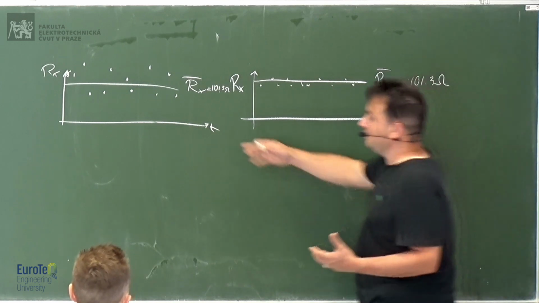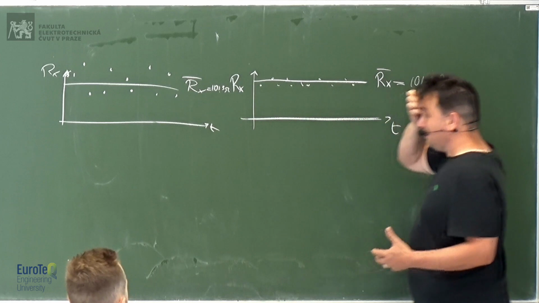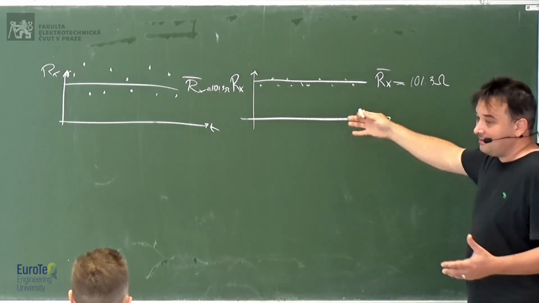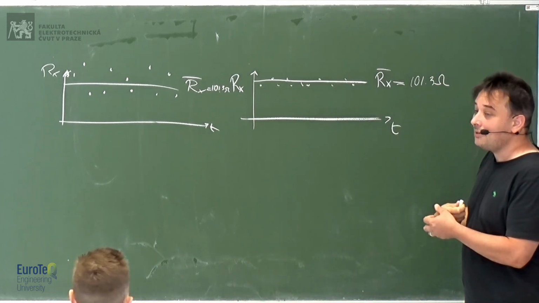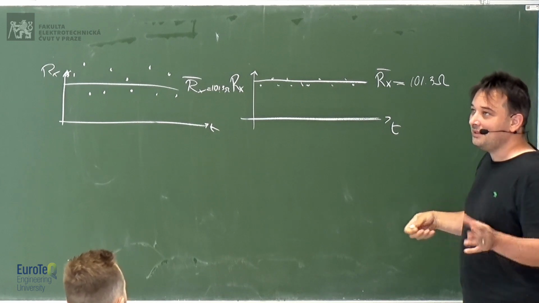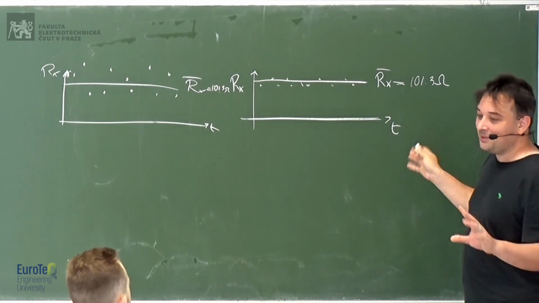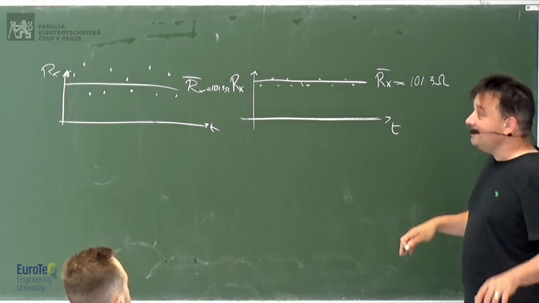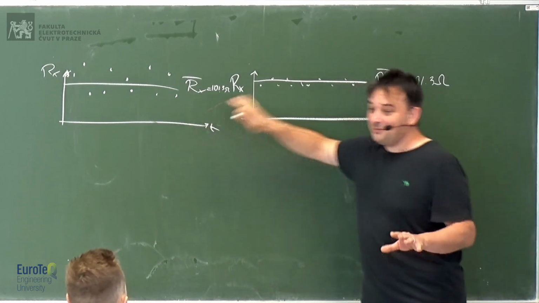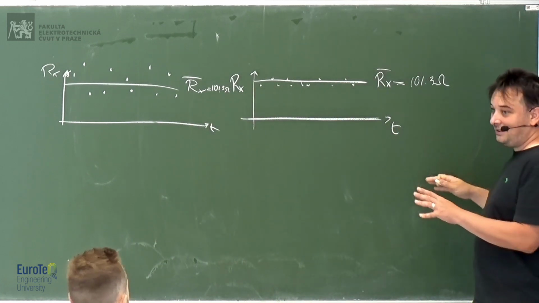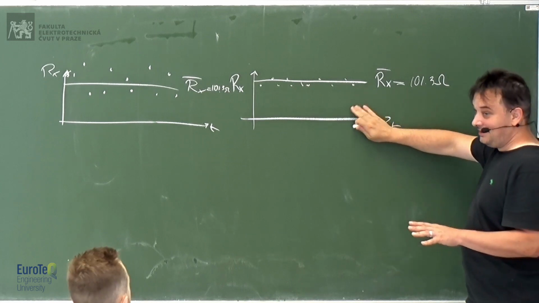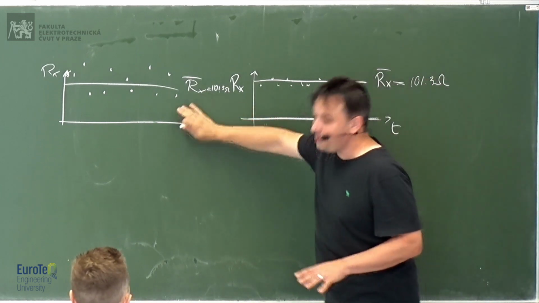Clearly, you have the feeling that this is less precise, but probably precise or accurate, I don't know, because there is a difference between accuracy and precision, but let's forget that. This is a better measurement than this one. So this is the best, and this is the worst.